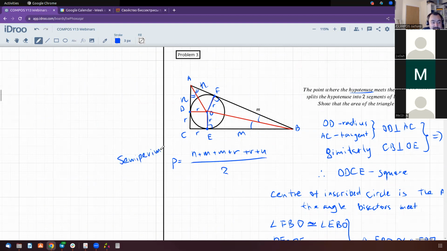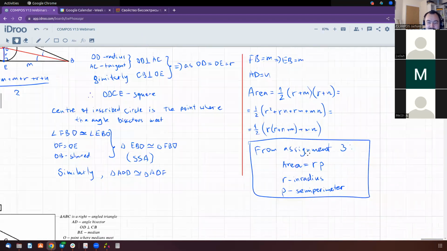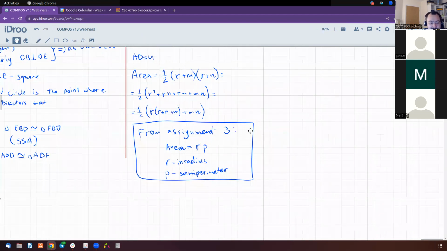Perimeter. Yes, you can ask. Yes, well done. You could do Pythagoras. I realized you can do.